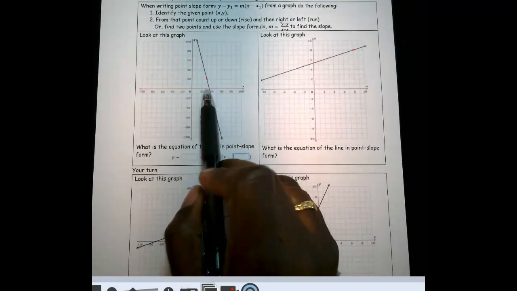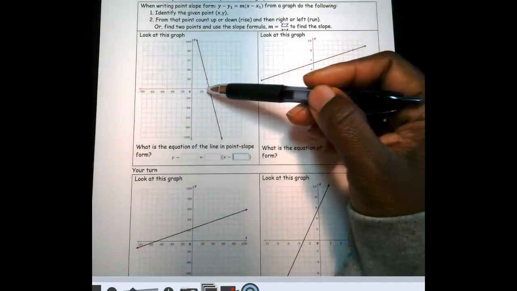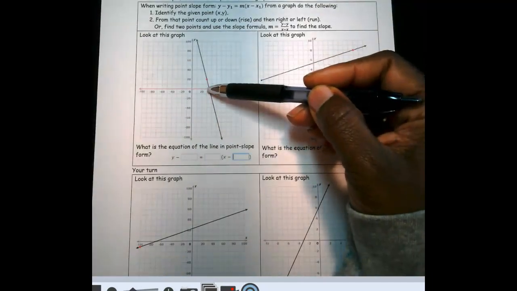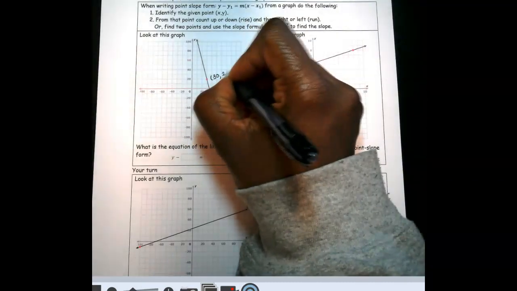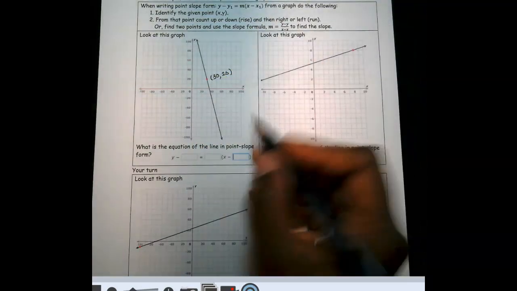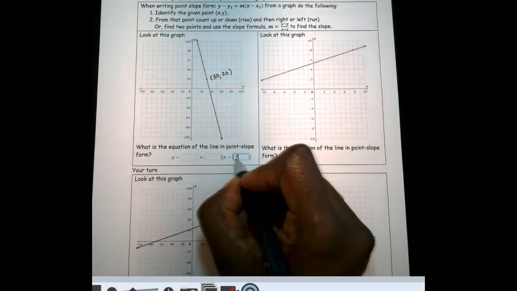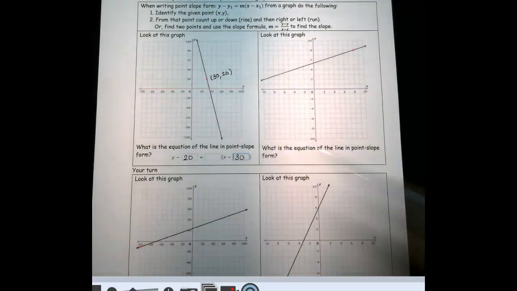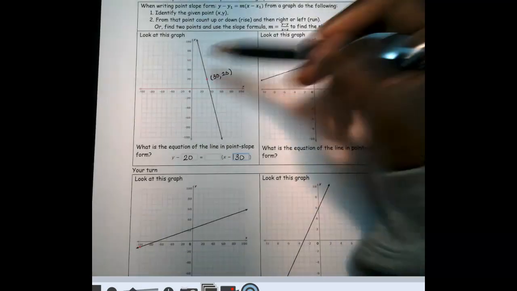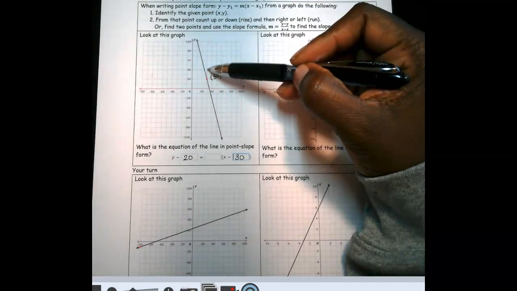So here, our first point is here at 30, 20, and I'll write that. This is 30, 20. So my x is 30, so I'm just going to write 30. My y is 20. Now from here, I just need to find the slope. So we're going to look for a perfect point again. Let's see here.